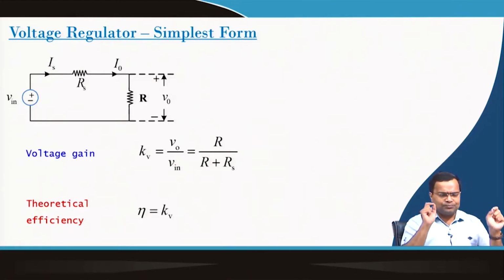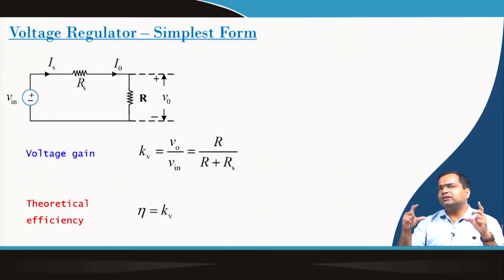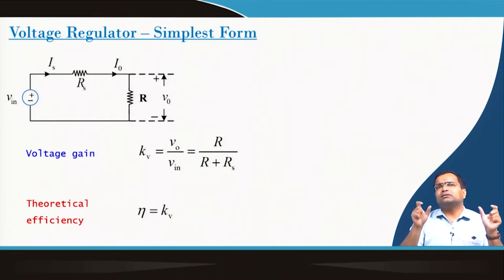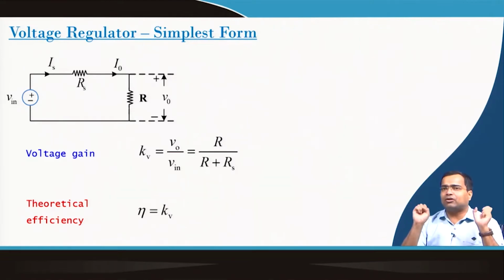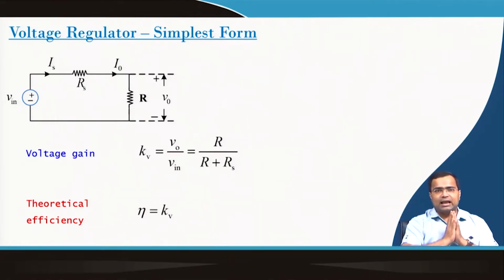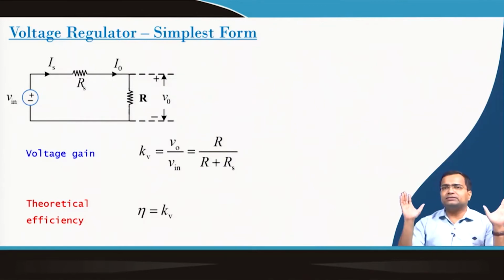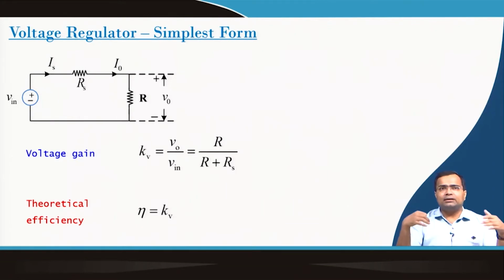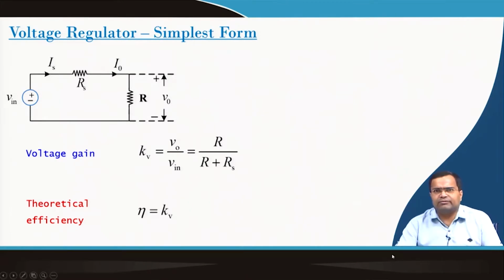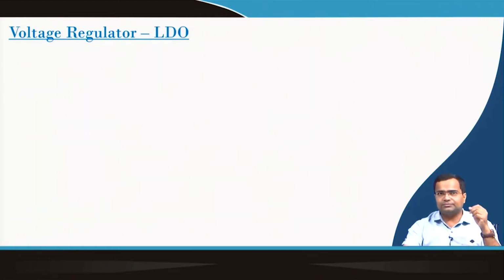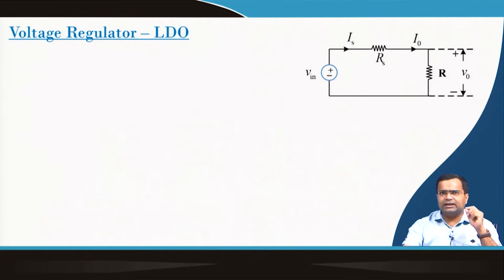So, if you want to achieve a lower voltage as V0, then the voltage Vin minus V0 will be dropped across the series resistance, and the higher this drop voltage, the lower the efficiency, and also the higher the I square R loss. So, temperature will go up. This is not a very efficient way of regulating the output voltage.